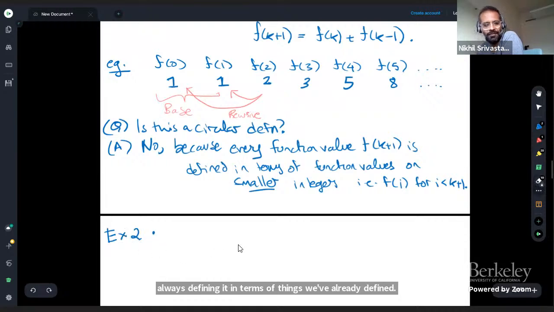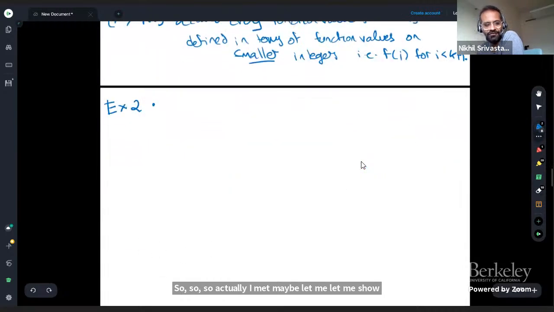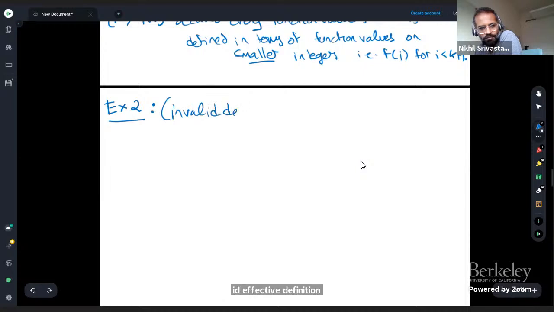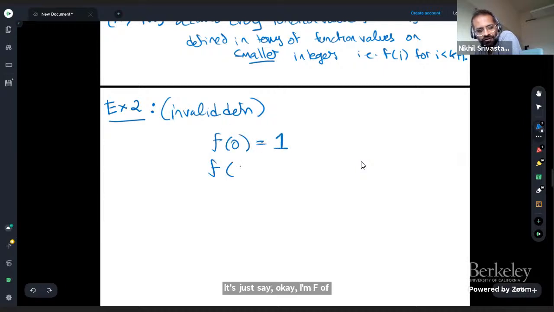So maybe let me show you an example of an invalid inductive definition. Say f of 0 is equal to 1. f of 1 is, I don't know, equal to 1.